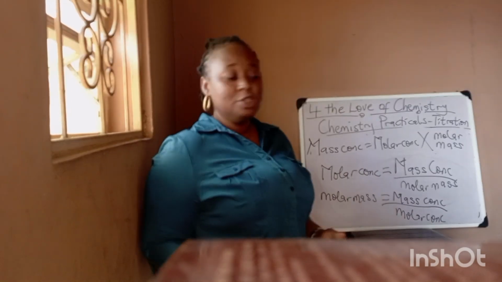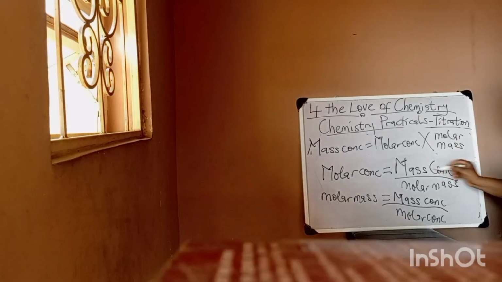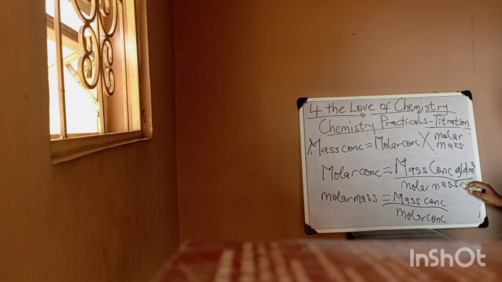And in case you are wondering, am I right, am I wrong, you put the units. This is gram per dm cubed all over gram per mole.